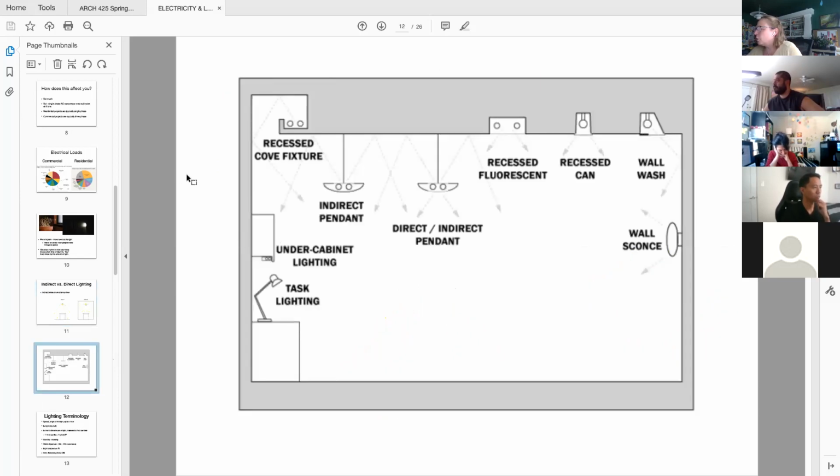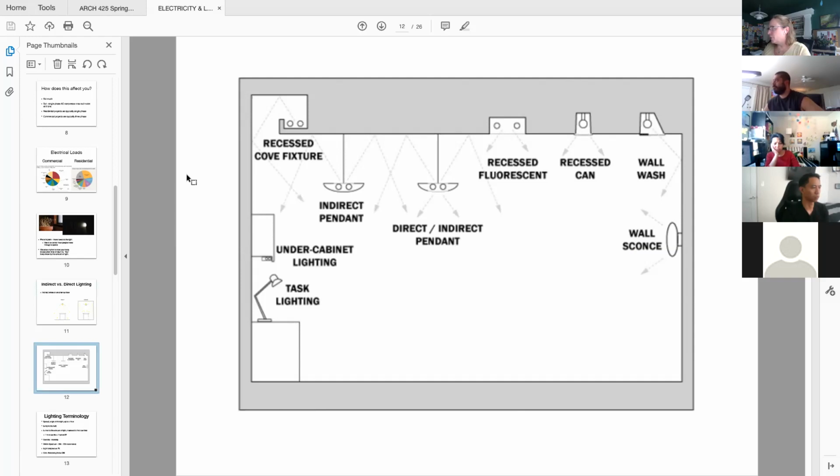So, a whole bunch of different options for types of fixtures. For direct fixtures, we've got a wall sconce, a recessed can light, a recessed fluorescent light, task lighting, a direct pendant.